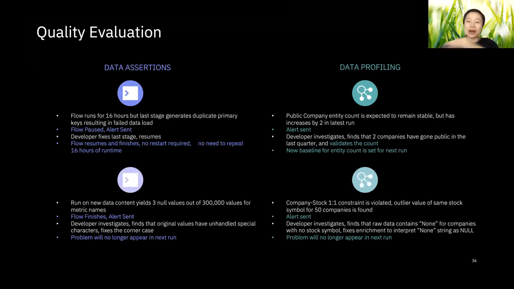We finish the run maybe within 24 hours, right? And then we can do the evaluation. Typically going through the assertion, profiling, failure will take maybe another 24 to 48 hours. In general, we can do 2 runs every week.